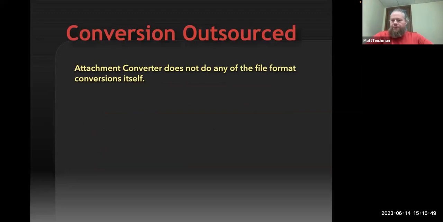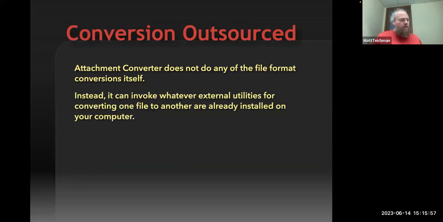So another thing to note about attachment converter, a possible point of confusion, is that attachment converter doesn't actually do any converting itself. So all the actual converting of, for example, a PDF to an archival PDF, or a doc to plain text, or a docx to archival PDF, all these specific conversions of this file to that other file, are done by other software that's already installed on your computer, not by attachment converter.